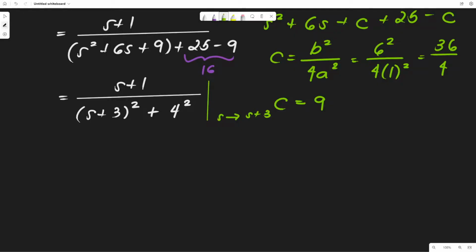However, yung nasa taas, kailangan din mag-shift niyan, no, yung s plus 1. Hindi pwede, kasi remember, we are changing s plus 3 into s, not s going to s plus 3. If s is going to s plus 3, then we can just directly substitute it to s dun sa s plus 1.